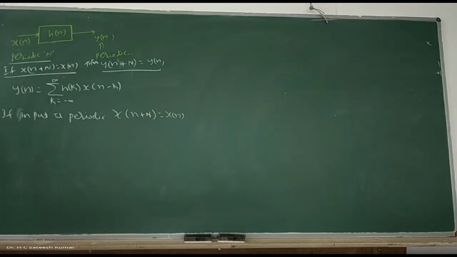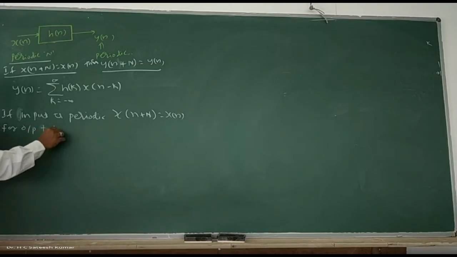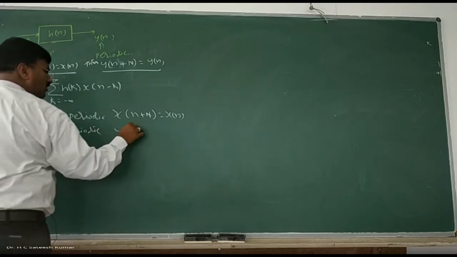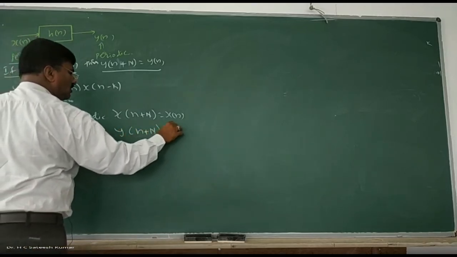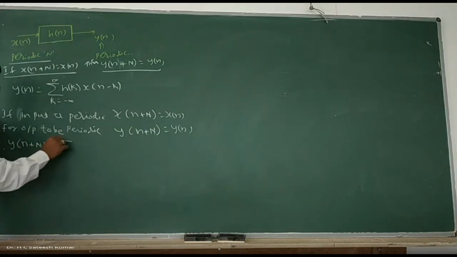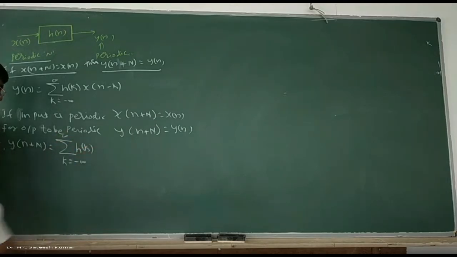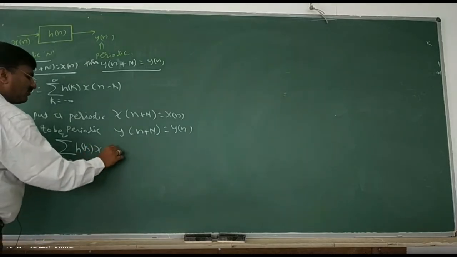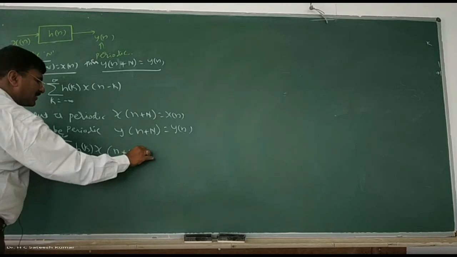For output to be periodic, the condition is y of n plus N should be equal to y of n. Therefore, y of n plus N is equal to summation k varies from minus infinity to plus infinity of h of k, as it is; wherever n is there, we place n plus N. So therefore, x of n plus capital N minus k.